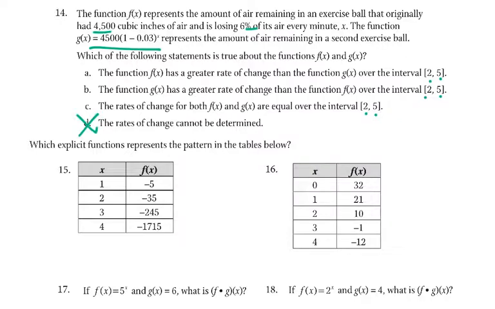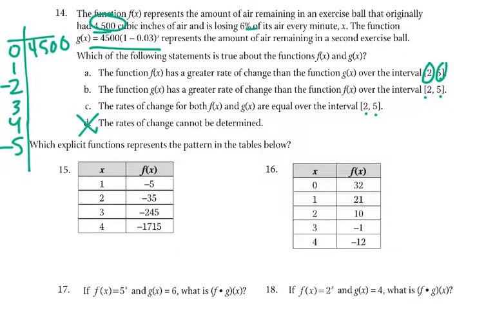Okay. So could they be equal? Maybe. So let's check it. So let's do the first one, the story problem. So we start out, our y-intercept is 4,500. Okay, we need to get to 2 and 5. So we need to find those. We're losing 6%.